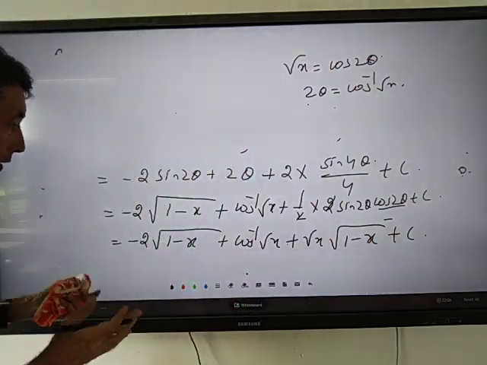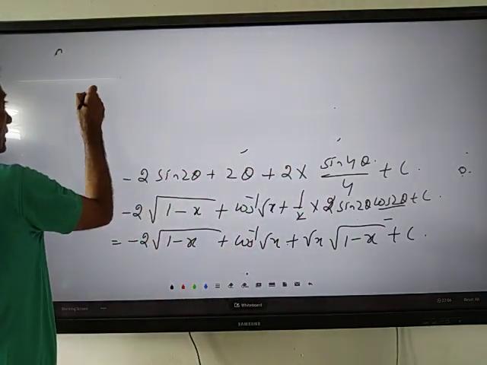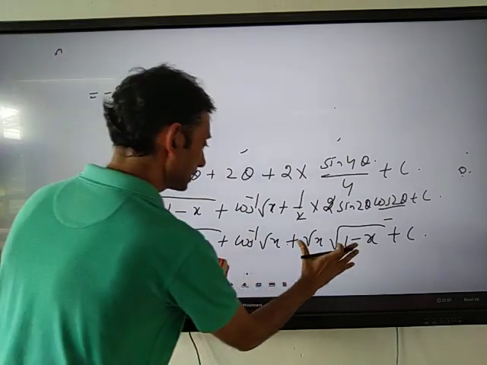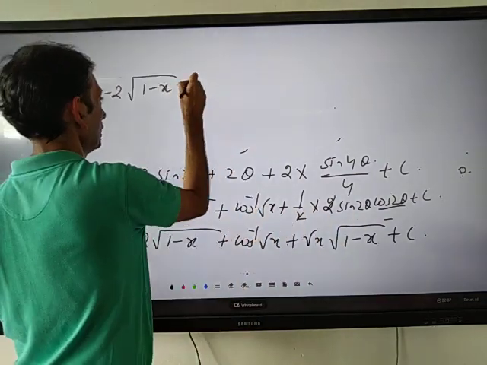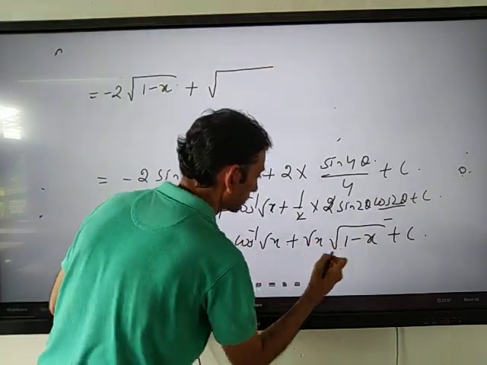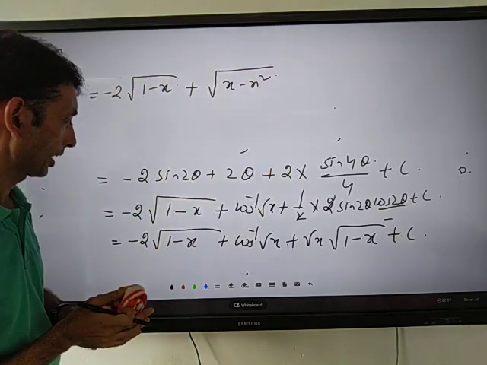Okay. So we can just write one more step here. Both the steps is equal to minus 2 root 1 minus x. Fine. You can just club this together, you can just multiply these functions together. So it will be x minus x square. You can just write this way. Fine.